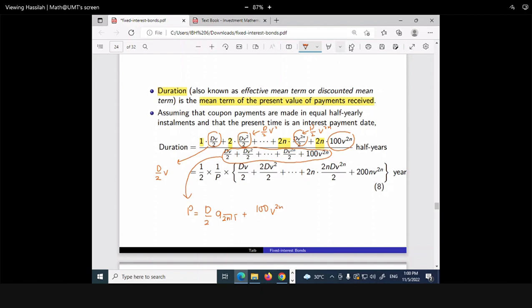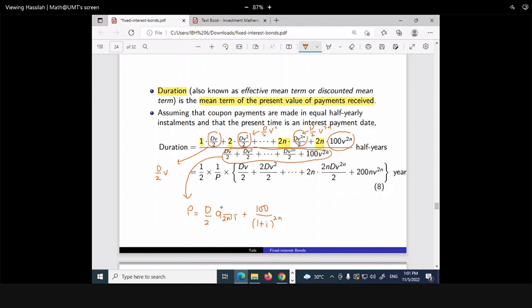Ataupun 100 daripada mana? 100 1 tambah I kuasa 2N. So yang ini sebenarnya P. Okey, yang atas ni setiap satu ni, ni kat sini, ni kat sini dan ni kat sini. Tapi dia cuma tambah darabkan dengan 1 2 dot dot dot 2N. Ni 2N sebab ini pada masa 2N lah, yang ni pun pada masa 2N. Okay, so ini duration, satu measure.